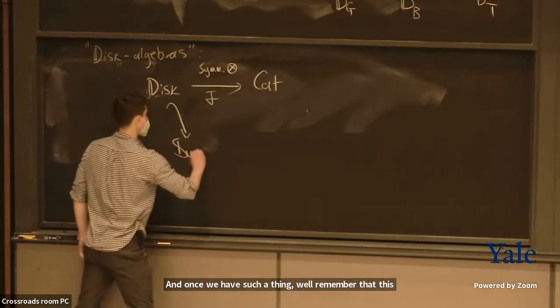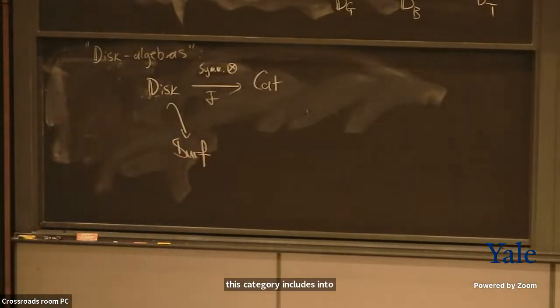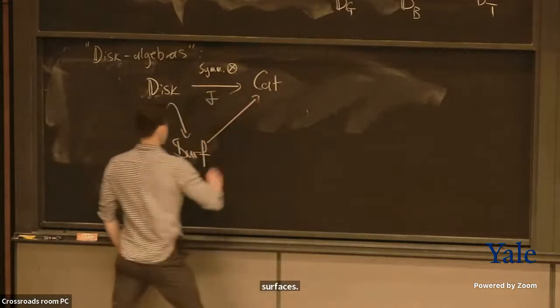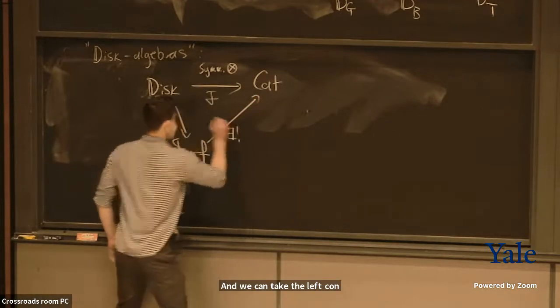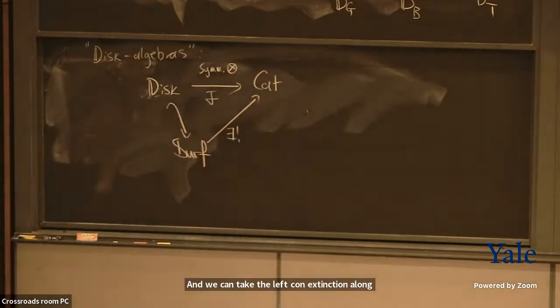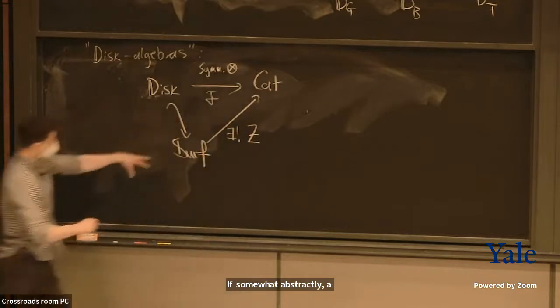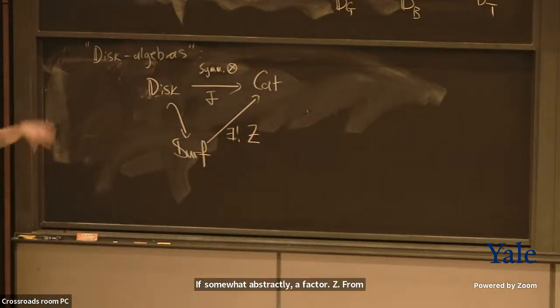And once we have such a thing, remember that this disk category includes into this two-category of decorated surfaces, and we can take the left Kan extension along that inclusion, which defines uniquely, if somewhat abstractly, a functor Z from this two-category of decorated surfaces to the two-category of k-linear categories.